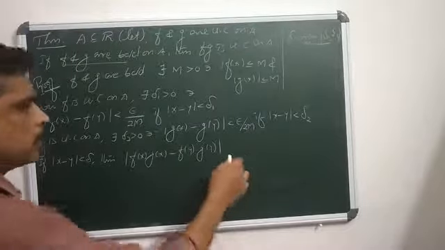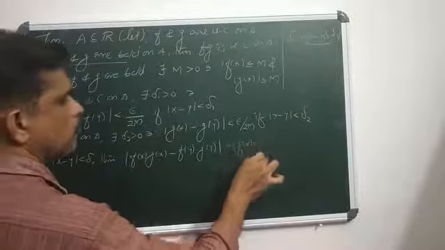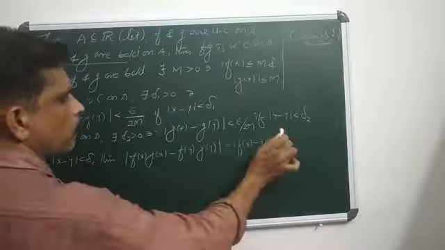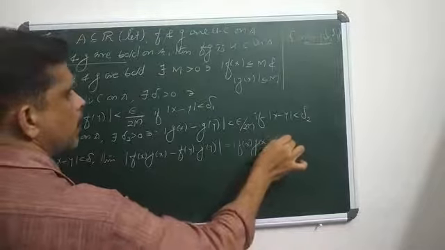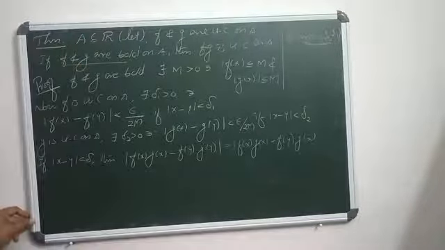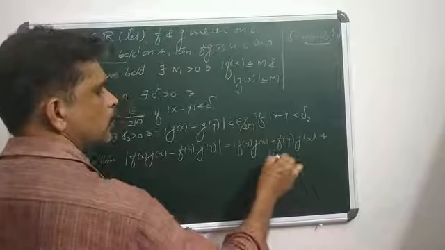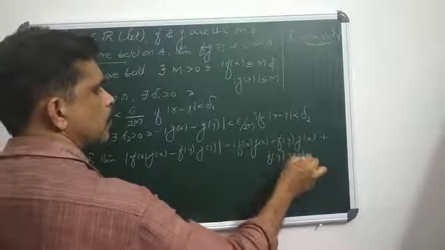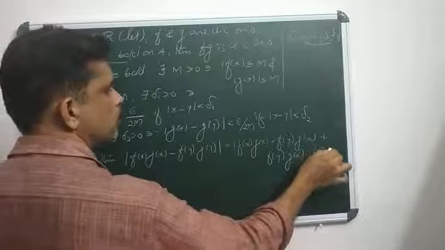This can be rewritten by introducing a new term, f of y into g of x: modulus of f of x g of x minus f of y g of x plus f of y g of x minus f of y g of y.